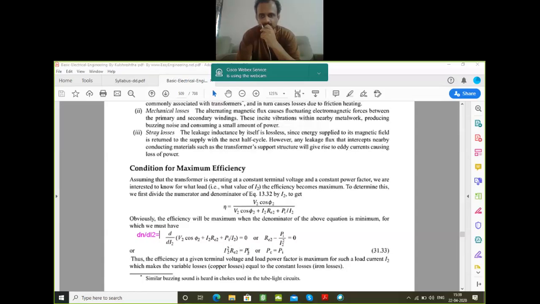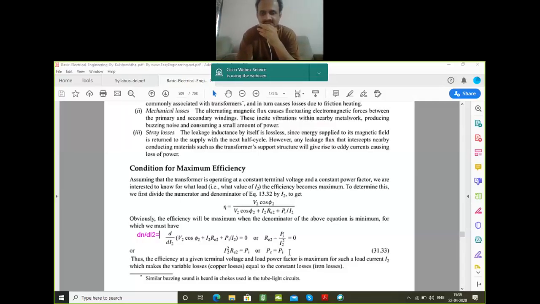So what is I2 square Re2? It is the copper loss across the transformer. So the efficiency of the transformer will be maximum if the power loss due to copper loss and the power loss due to iron loss are equal.